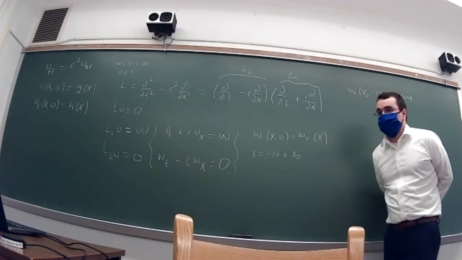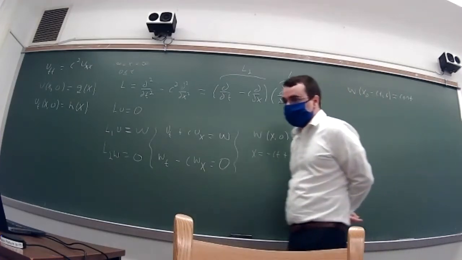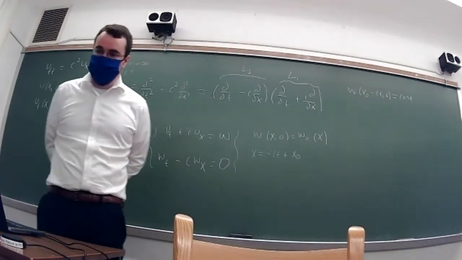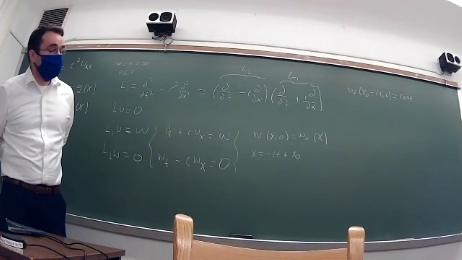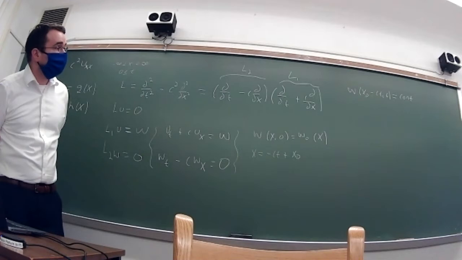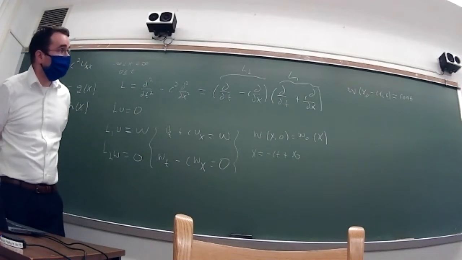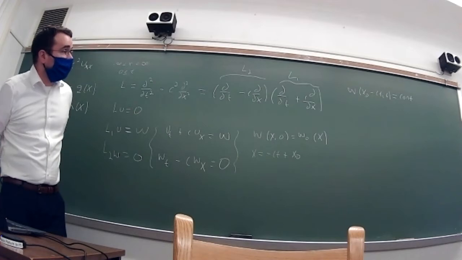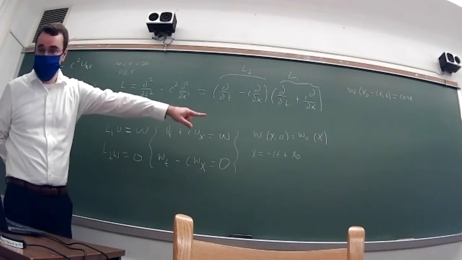And so we go through this usual argument where we say which constant is it? Well, just plug in t equals 0, and then you get that w of x naught, 0 has to be w naught of x naught.